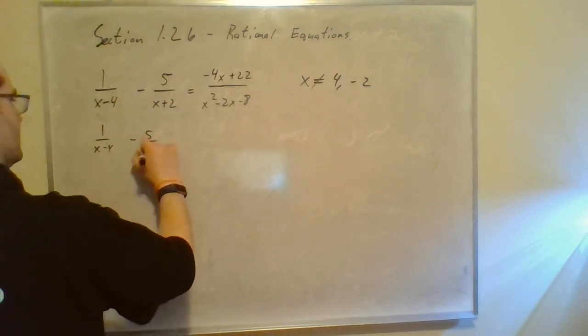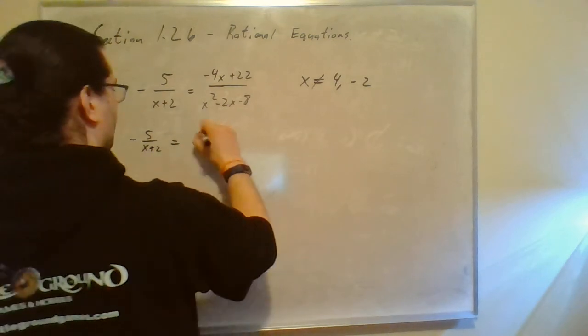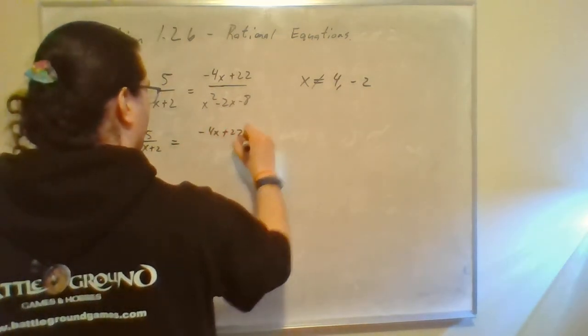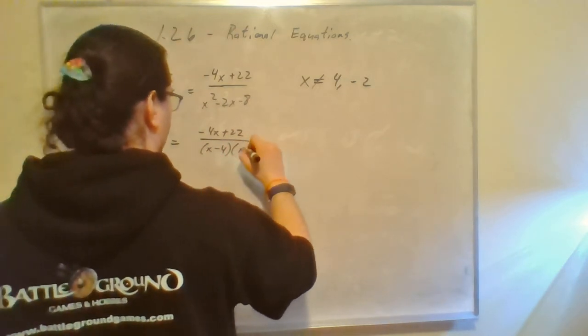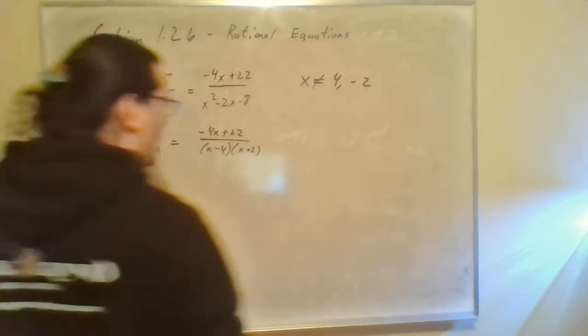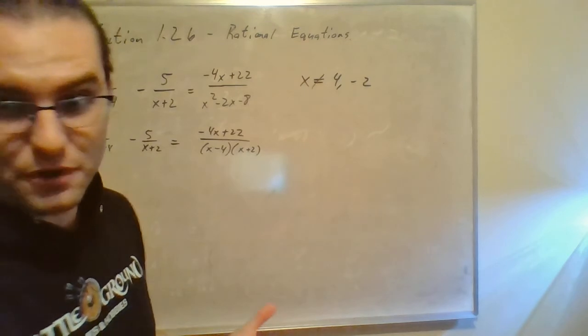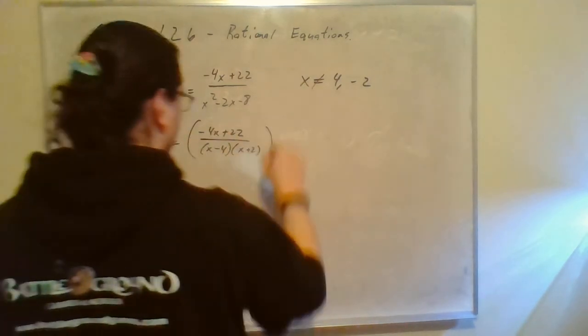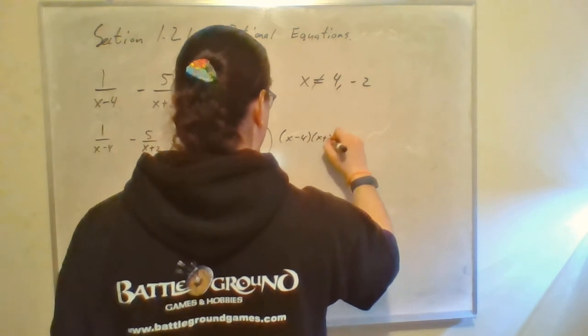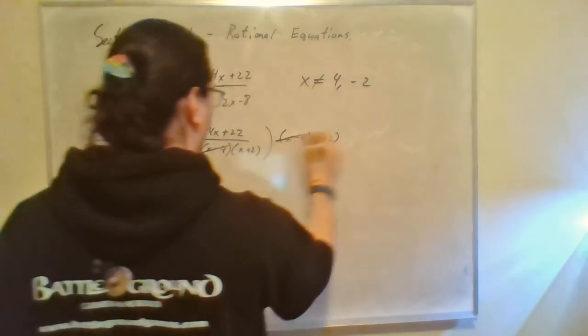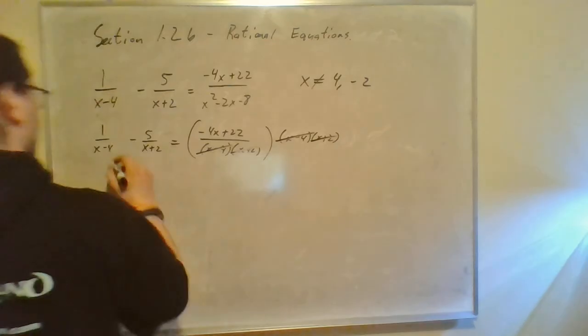Factor the bottom. We still know it factors into x minus 4 times x plus 2. I'm going to skip a step because we're already at 21 minutes and I want to do this real fast. I'm going to multiply by both denominators at once. So both of them cancel on this side.